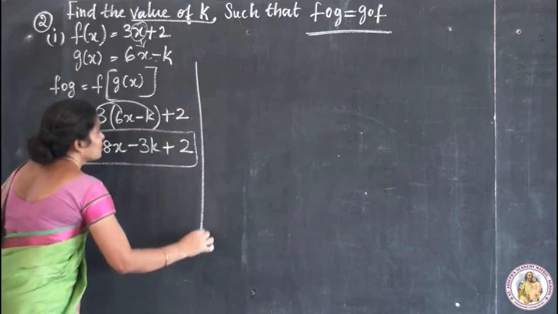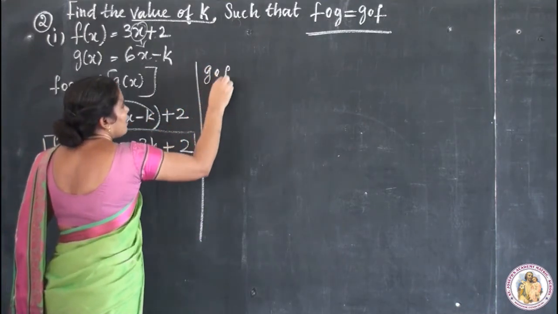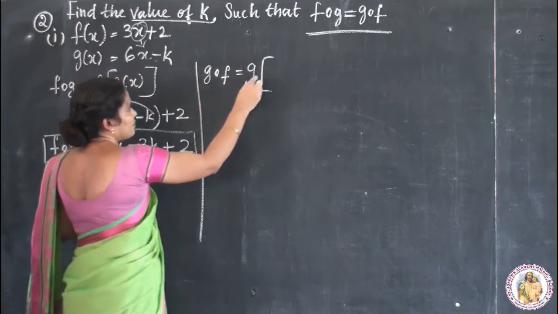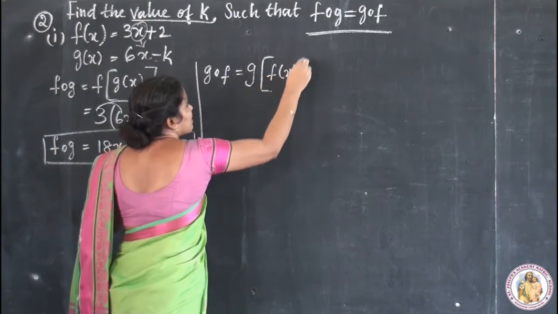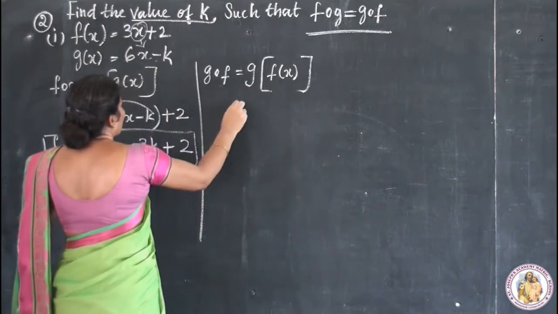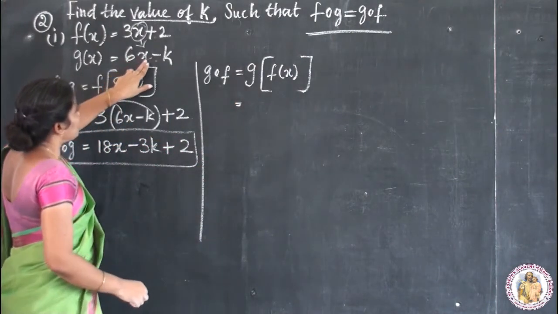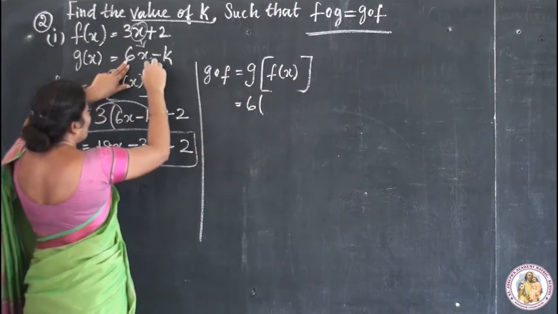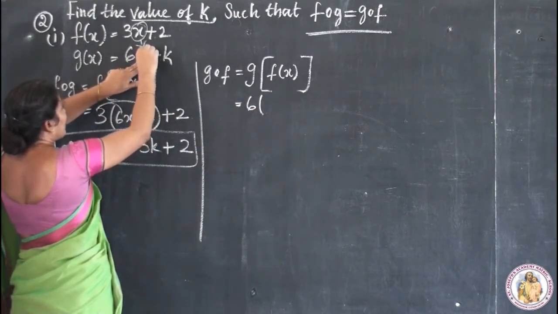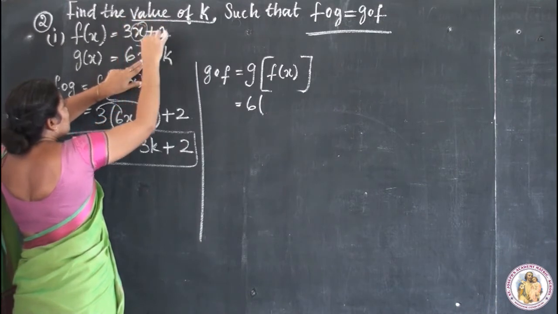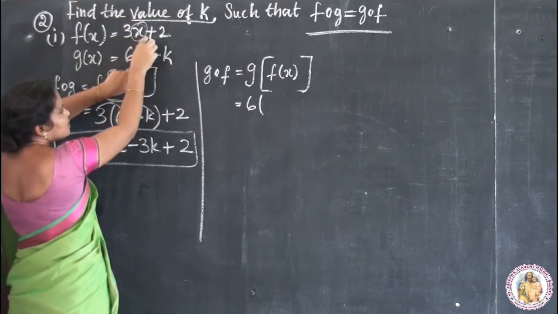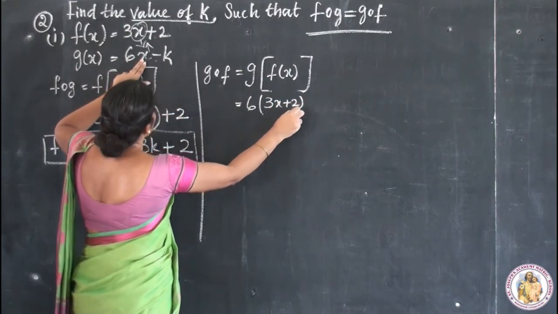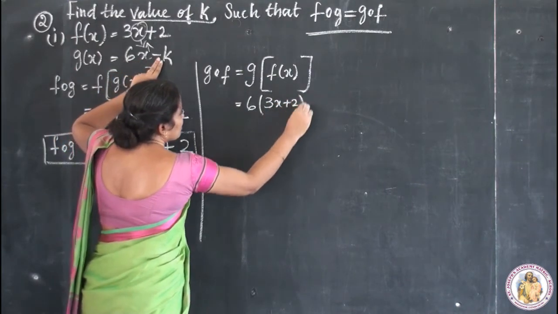Then find g of f. What is g of f? g of within bracket f, that is f of x. Okay, g is 6x minus k. Write 6x. In the place of x, you have to write 3x plus 2: 3x plus 2, minus k.